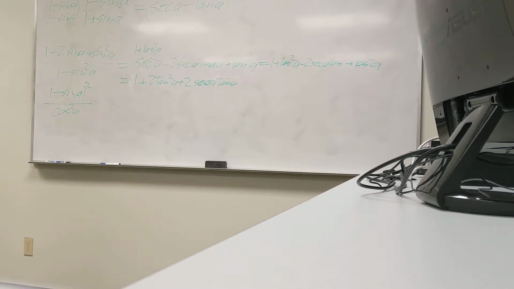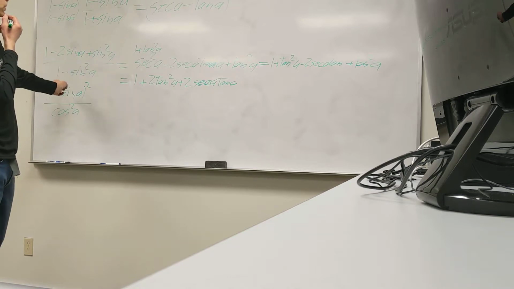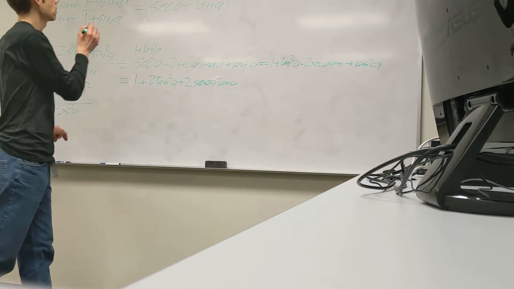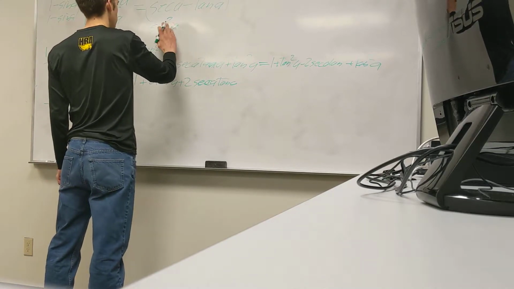So what else can we do? If you FOIL out the top. Get this, right? Oh, did you just simplify it? Yeah. 1 over cosine squared is secant squared, right? So maybe, oops, I already did that.